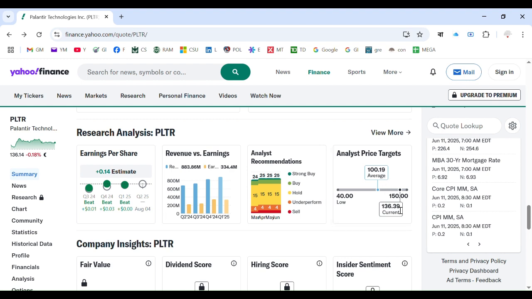So this scenario is not good for the stock. The stock should not be able to hold its uptrend according to analyst projections, and also according to financials, especially the forward P/E and the EPS. So this is not so rosy for me.